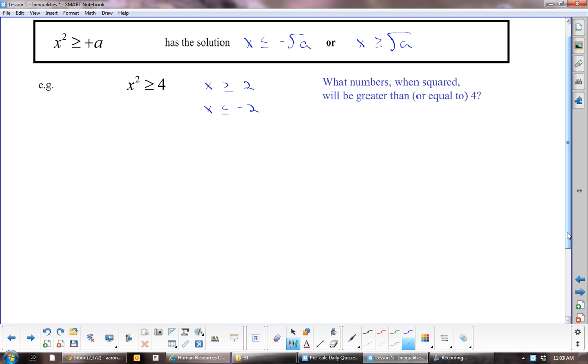Okay, so let me illustrate this on a number line. Negative 2 and 2. See, sometimes people think, well, anything greater than negative 2 would work. No, it wouldn't, okay? Because people get mixed up that actually negative 1 is greater than negative 2, right?